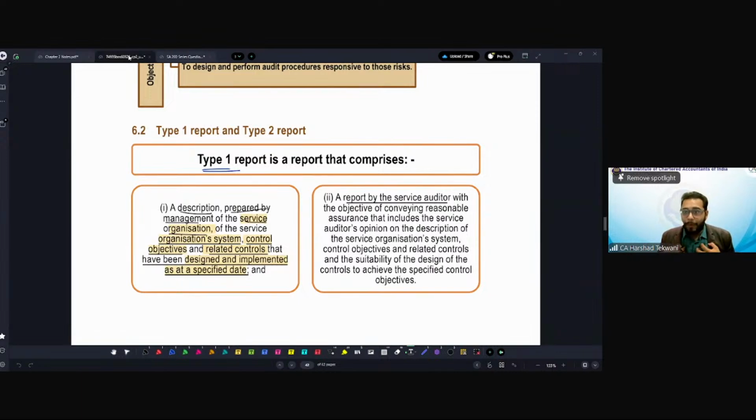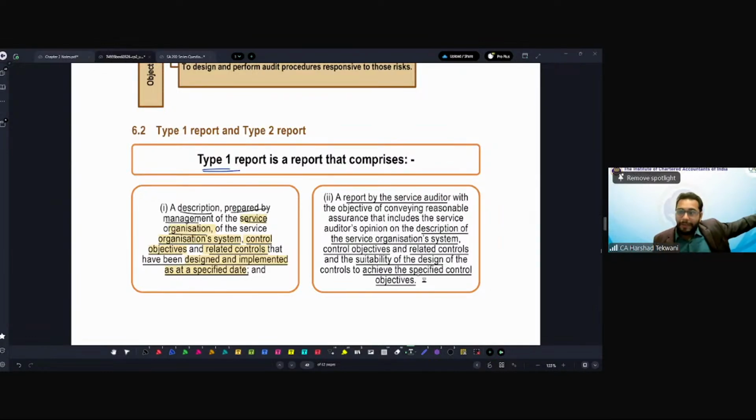I will not issue a Type 1 report, but the auditor of XYZ Private Limited will issue a report that the description of the system, control objectives, and related controls are suitable with respect to design, and they achieve the objectives.